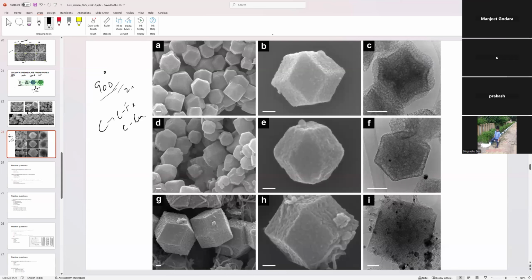This is transmission electron microscopy, TEM. You can see the pores inside. And this is just ZIF-8, carbonized ZIF-8. This is carbonized Cu ZIF-8. And this is carbonized Fe ZIF-8. So in the case of iron, you can see there are carbon nanotubes growing out.